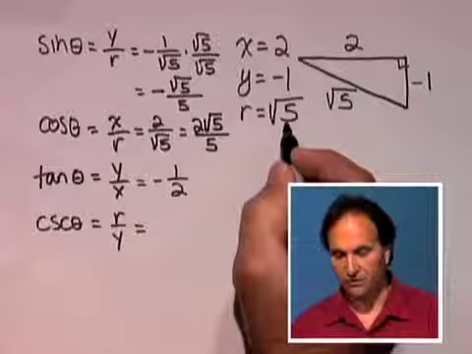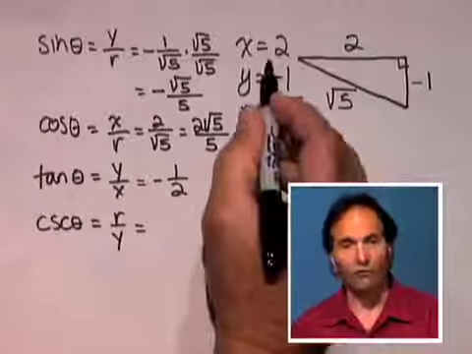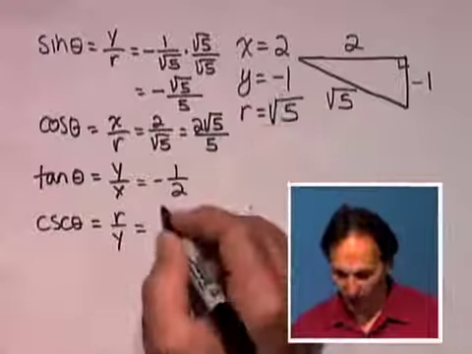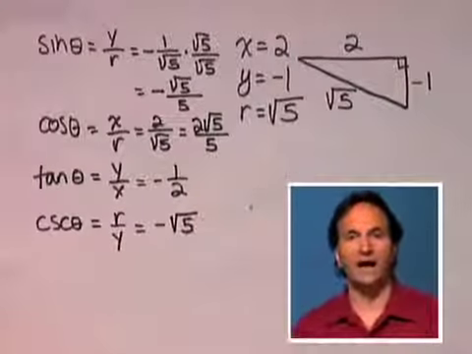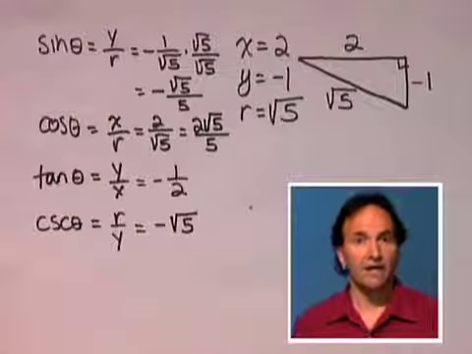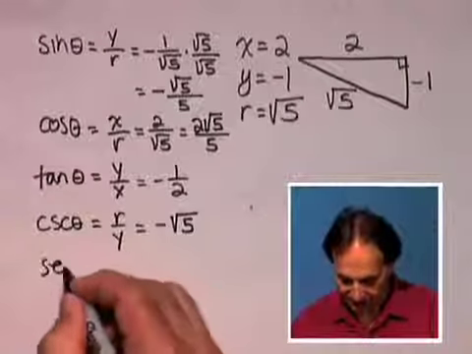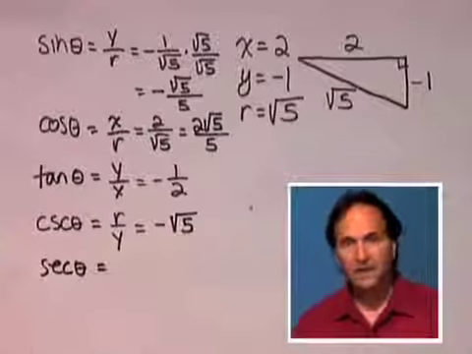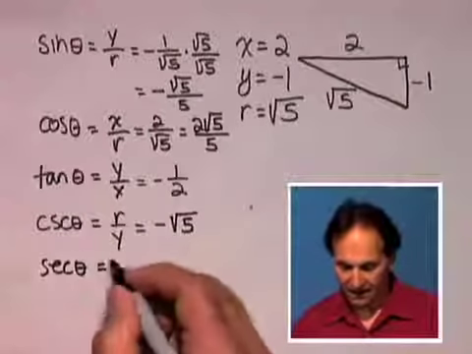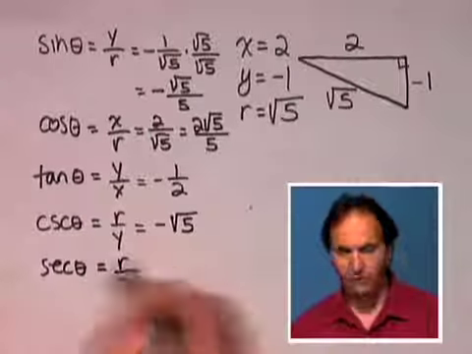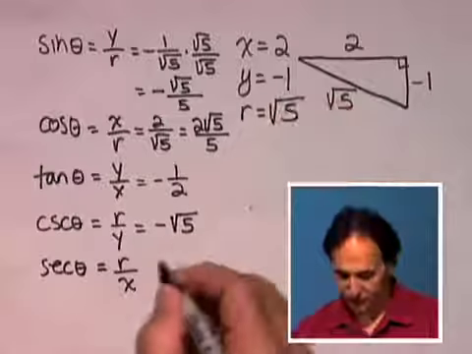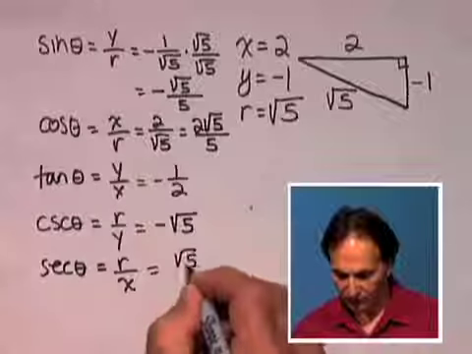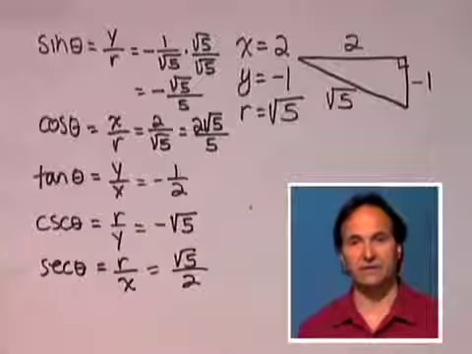That would be equal to the square root of 5 over the y value, -1, so negative the square root of 5 when simplified. For secant theta would be equal to r over x. So that would be the square root of 5 over 2, so square root of 5 halves for the secant.